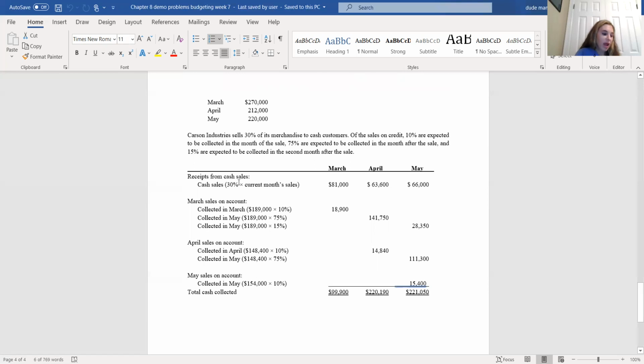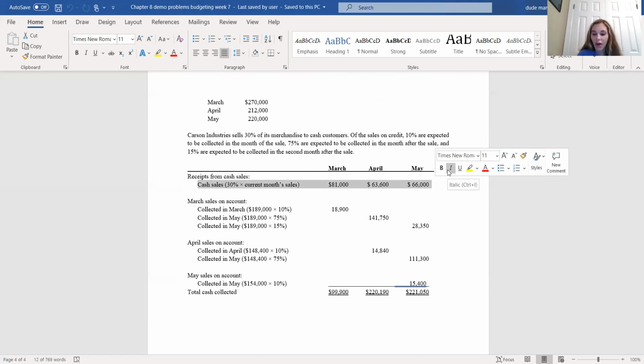What we have done is we're only looking at cash sales, and it tells us that 30% of its merchandise is to cash customers. So we would take the 270,000 for March times the 30% to give us this cash amount. So this represents all of the cash that we make that month as a cash sale.